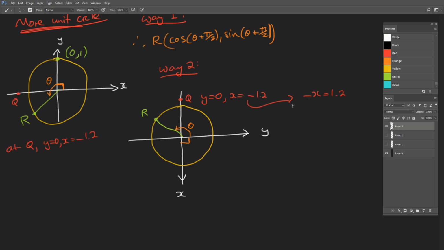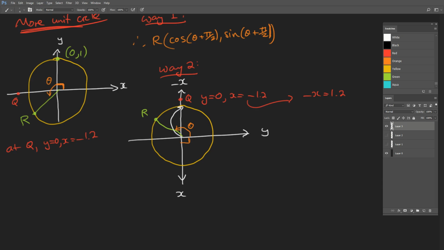So you're thinking, okay, why did I do that? That tells us nothing. But there's actually a nice geometric interpretation. This isn't just an algebraic statement. There's a geometric meaning behind this. So if this is the x-axis, you can kind of think of this up here as the minus x-axis. So if minus x equals 1.2, yes, that's minus 1.2 along the x direction, but you can also think of it as 1.2 along the negative x direction.